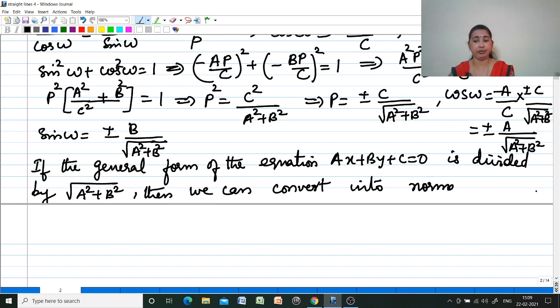That is the way of converting to normal form. The general form of the equation can be converted into normal form by dividing throughout by root of a square plus b square.